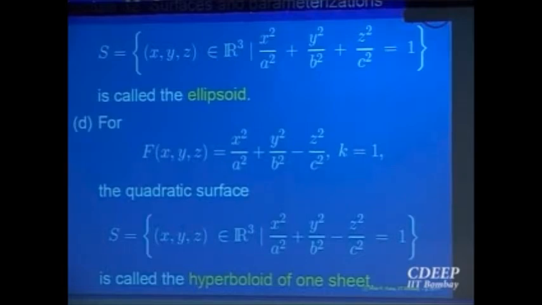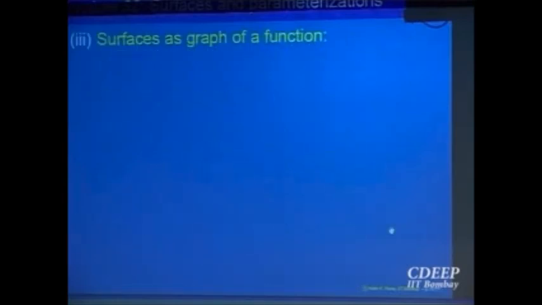They give you various sections, for example if you take a plane perpendicular to the xy plane, how the sections look, and so on. That will help you to visualize these surfaces. So you can use the internet nicely to visualize them. These are called hyperboloids of one sheet.